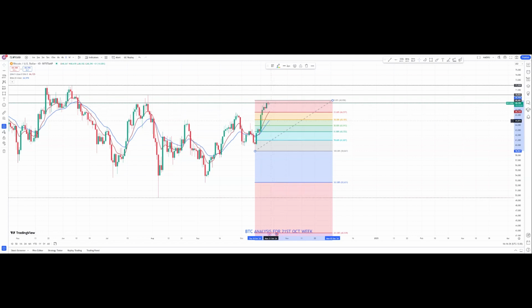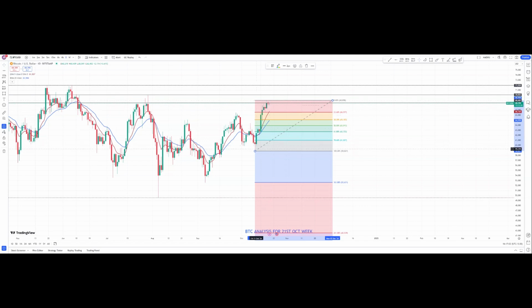Otherwise, even if it comes down to the 38.2% at 65,100 points, that is also one area from where the market can go very strongly towards the upside. So it has already given us a very strong upfront move from 58,000 to 68,000, around 10,000 points.